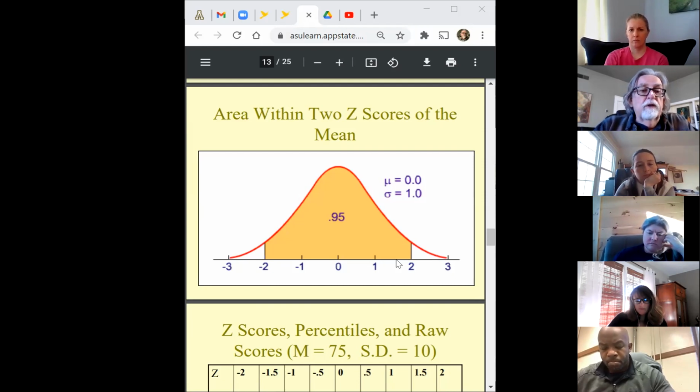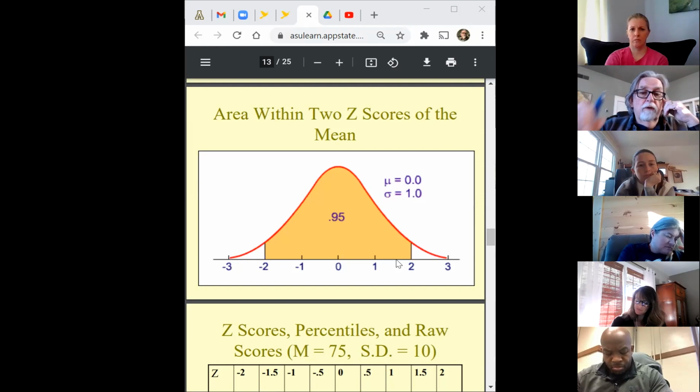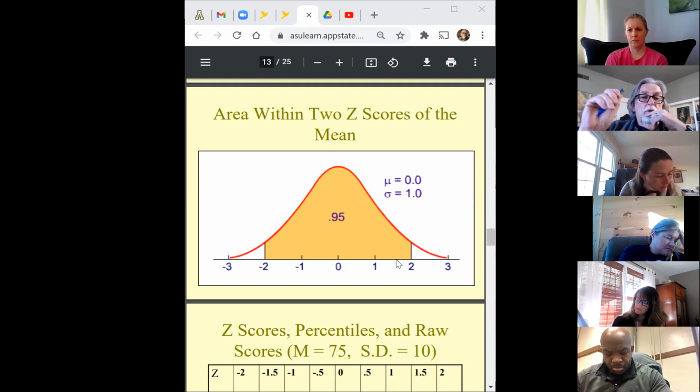Now, wherever those dividing points are, wherever those cut points are that represent that outside significant values, we call those critical values. So for the standard normal curve, the critical values to represent significant differences are 2 and -2.